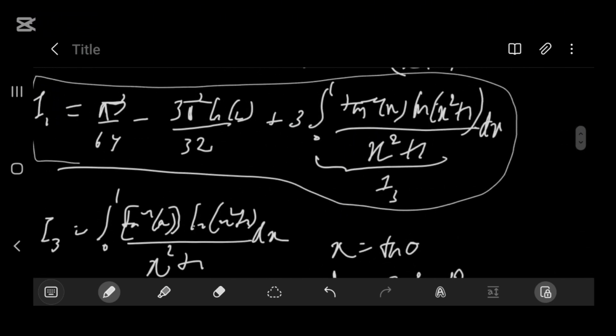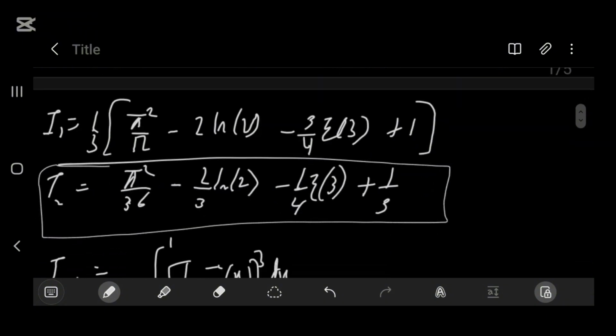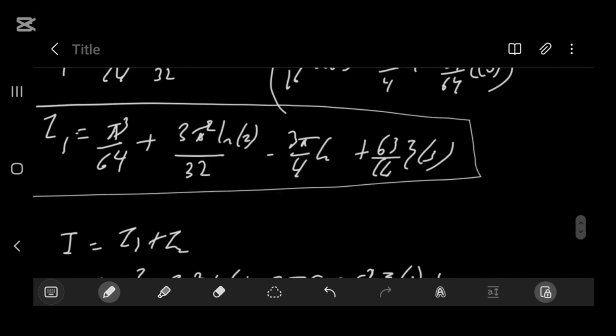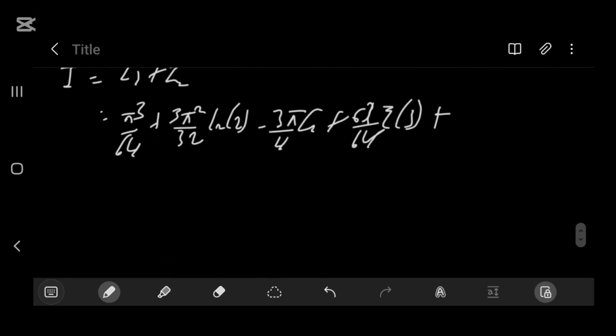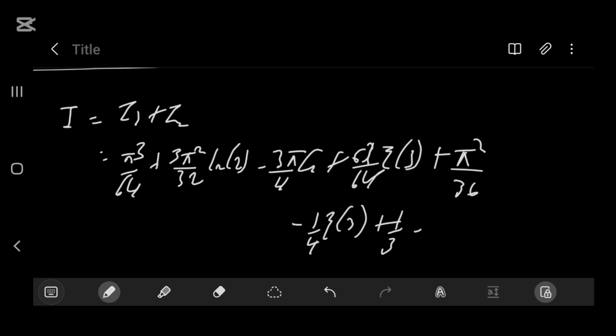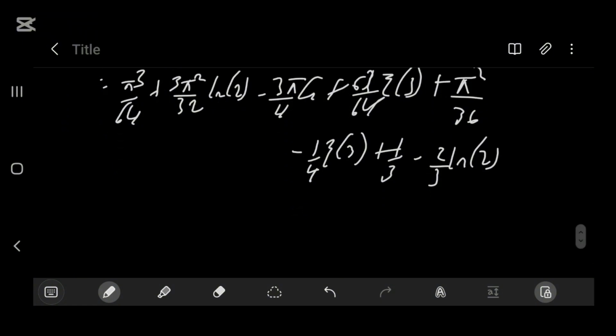It's always in the upside. Here we'll have pi squared over 36, and we have a lot of things, 4 parts there. So now it's time for us to add those. So it will become pi squared over 36 and minus 1 over 4 zeta of 3 and plus 1 over 3 and minus 2 over 3 natural logarithm of 2.